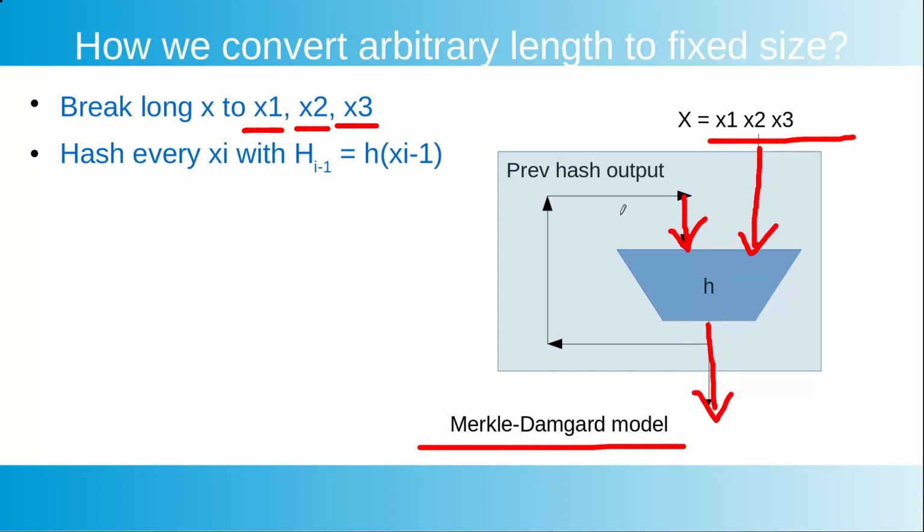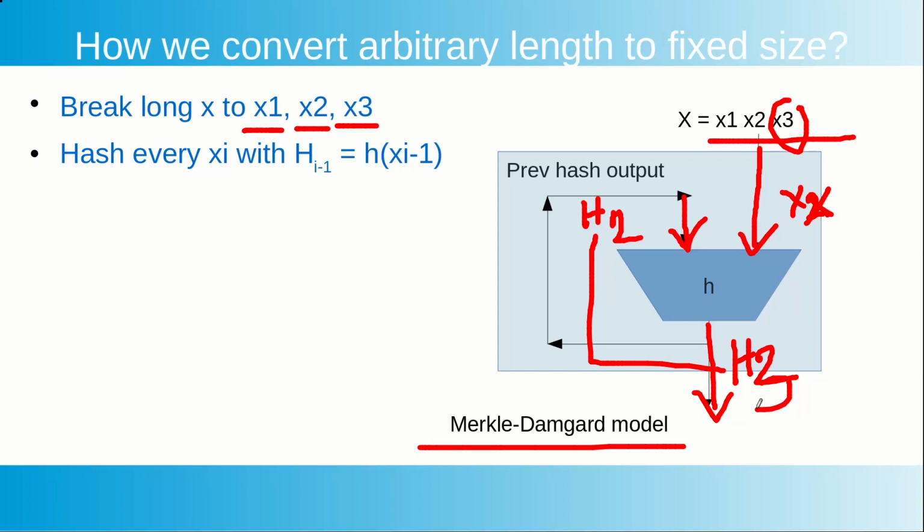So for example, whenever I am computing x2 here, I will take the hash output of x1, and then hash output of x1 and plain text x2 is going to give me hash output of x2. And whenever I compute x3, I will take this h2 here, and that is going to give me h3 as the hash output of x3.